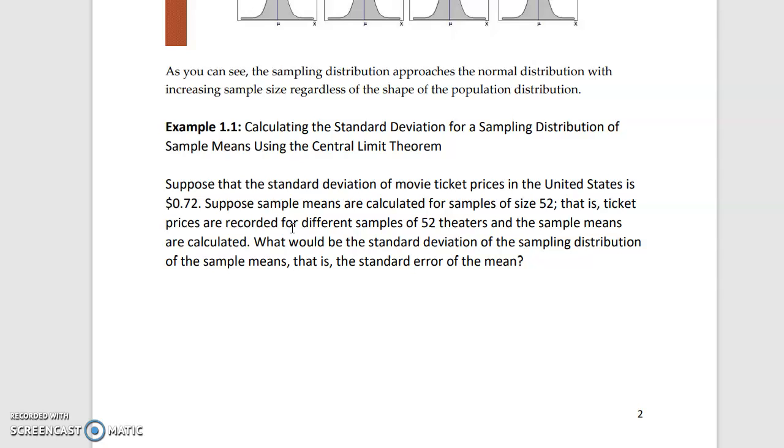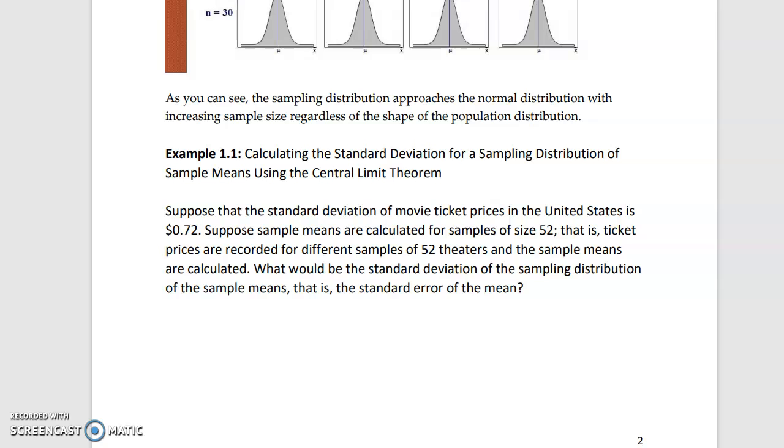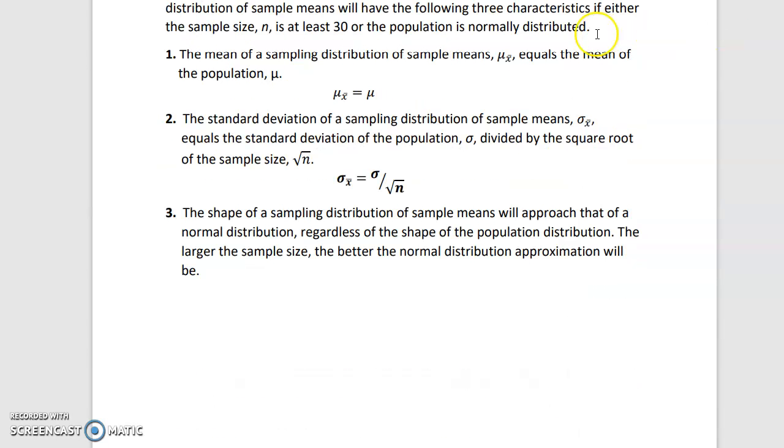And it says if you take samples of size 52, so that's our sample size, what would be the theoretical standard deviation of the sampling distribution? Well, that would be sigma, which is 0.72, divided by the square root of the sample size.